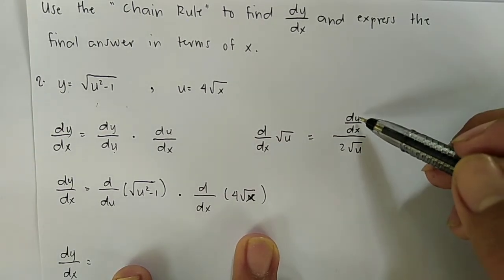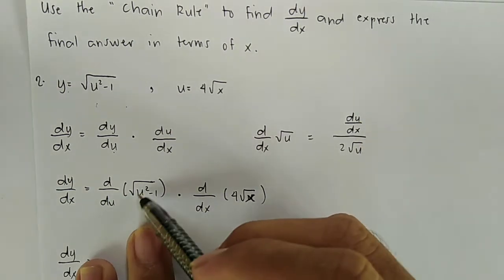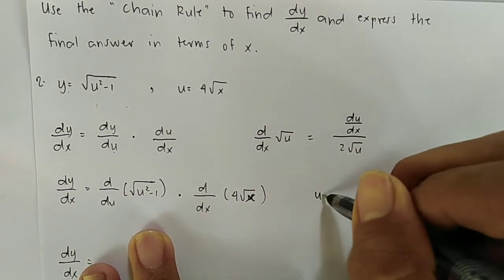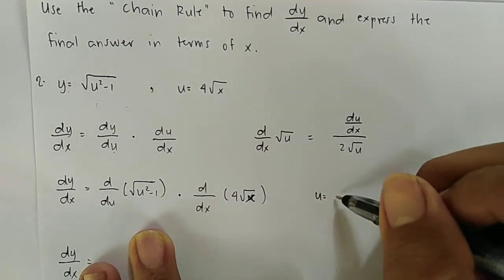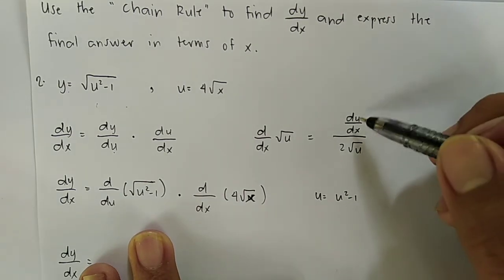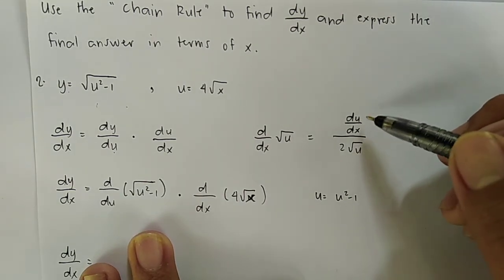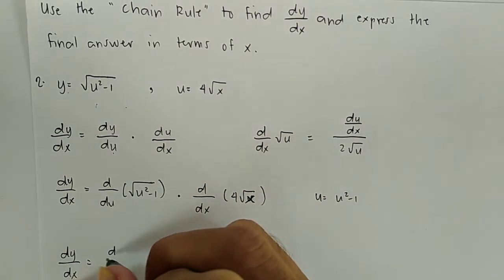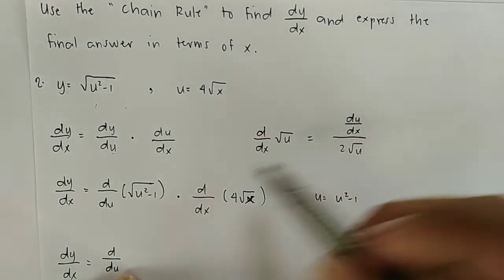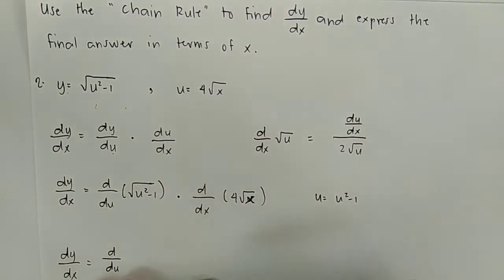So, ibig sabihin, sa function natin dito, yung u natin dyan ay equal to u squared minus 1. So, itong value na u squared minus 1 ang ipapalit natin or substitute natin sa u dito. So, ibig sabihin d over dx, du, since gumagamit tayo ng variable u.